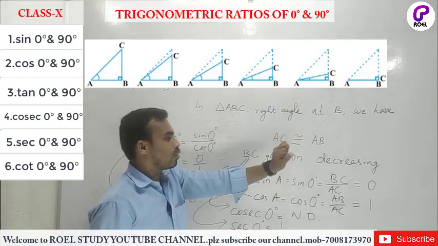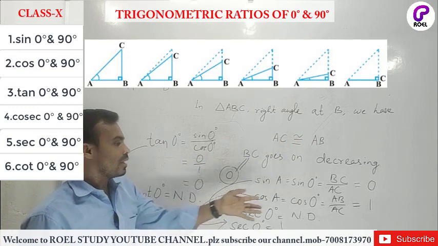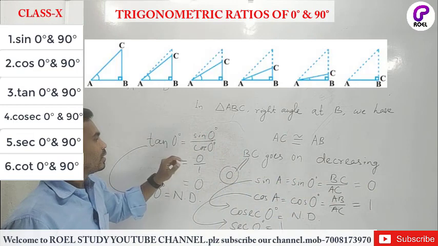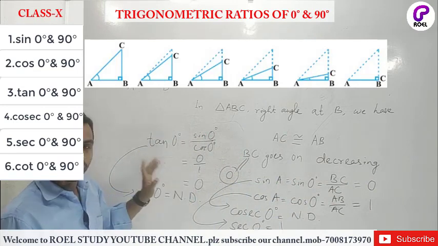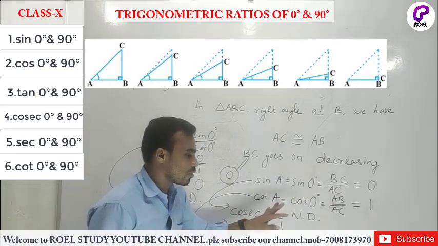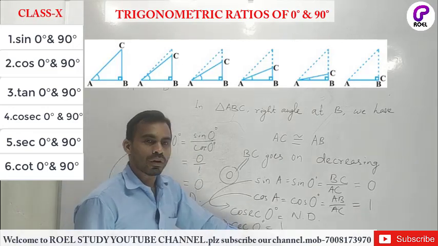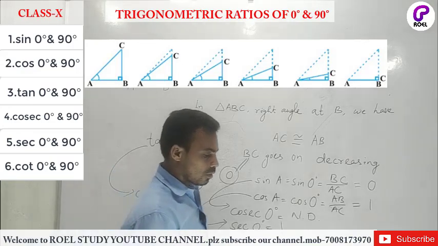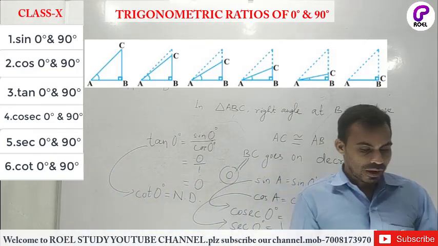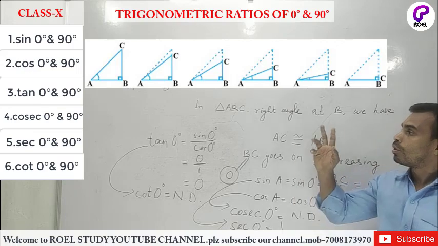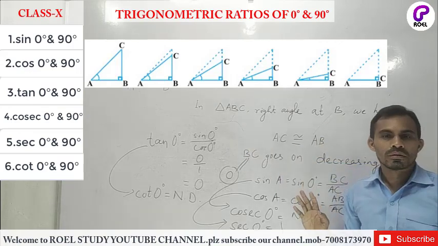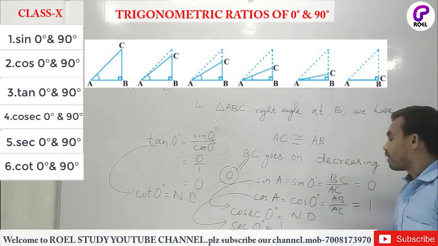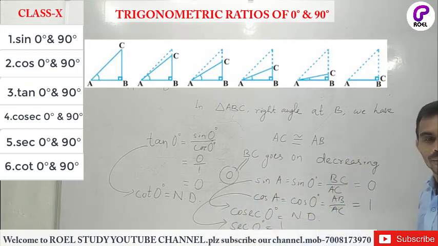Just look at the table: sin 0 is 0, cos 0 is 1, tan 0 is 0, cosec 0 not defined, sec 0 is 1, cot 0 not defined. These are the values of various trigonometric ratios of the angle 0 degree. Clear?